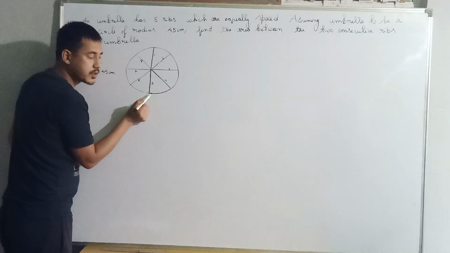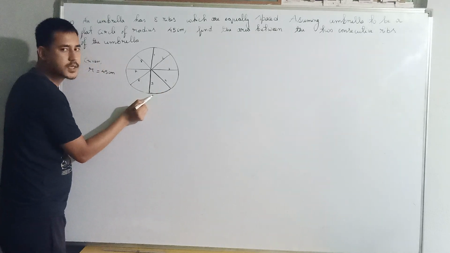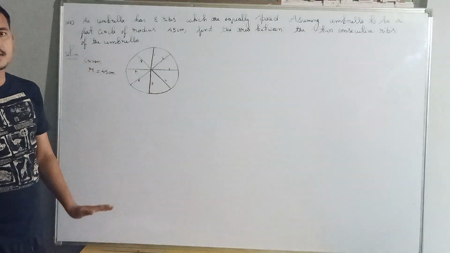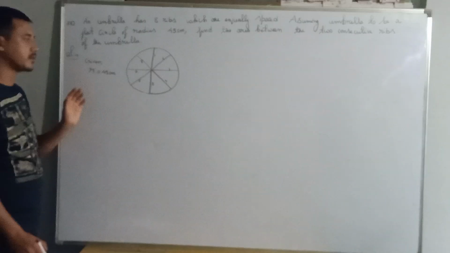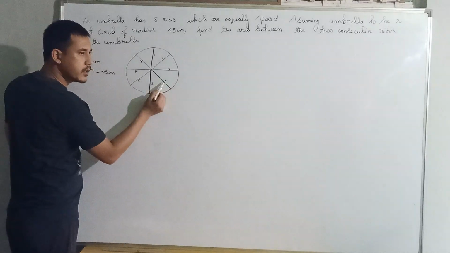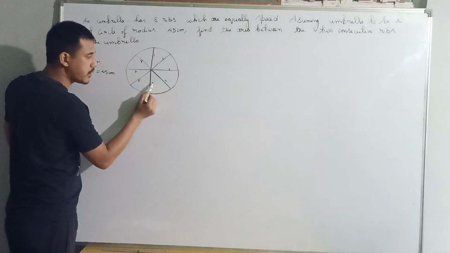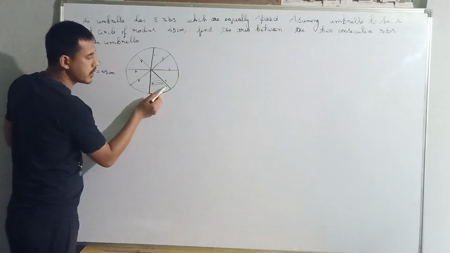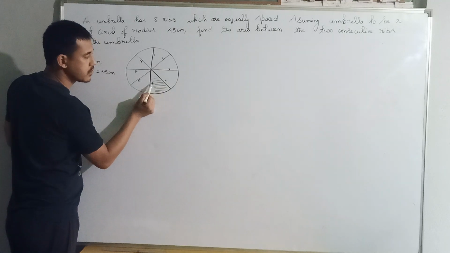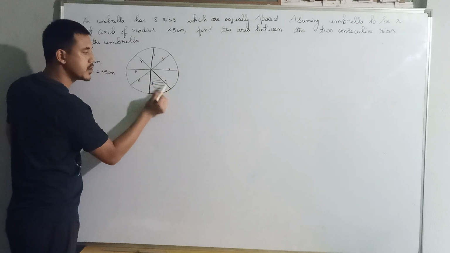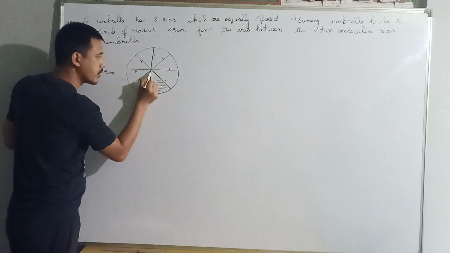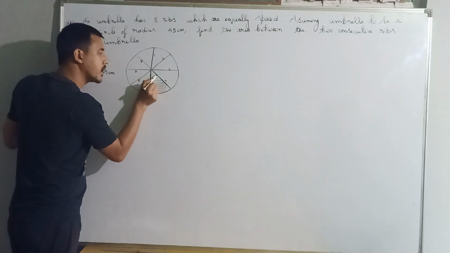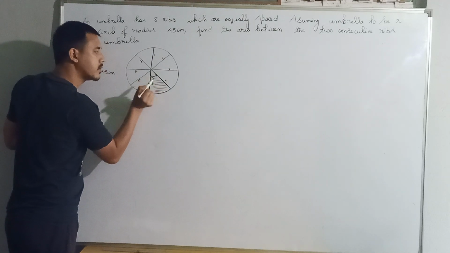If any region has an arc of the circle as a part of its boundary, then that region is a sector. So 4 and 5 are consecutive ribs. The area between these two ribs is a sector where the radius is equal to 45 centimeter, and this is the angle of the sector.